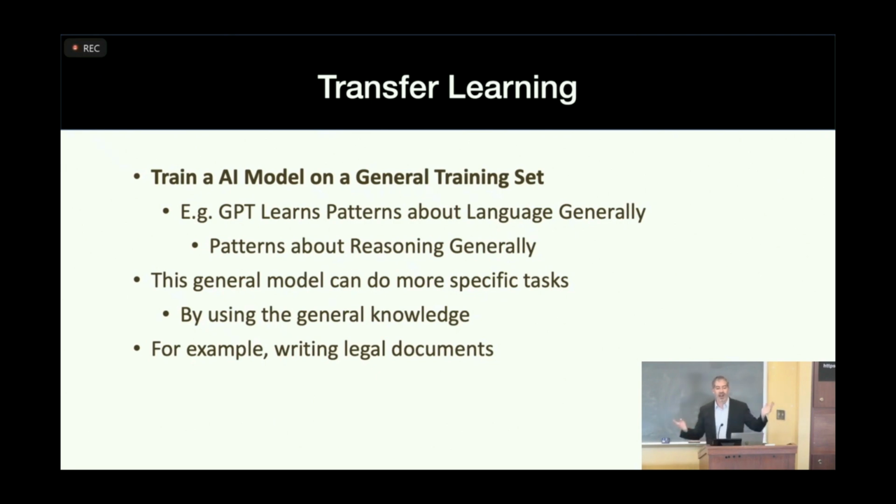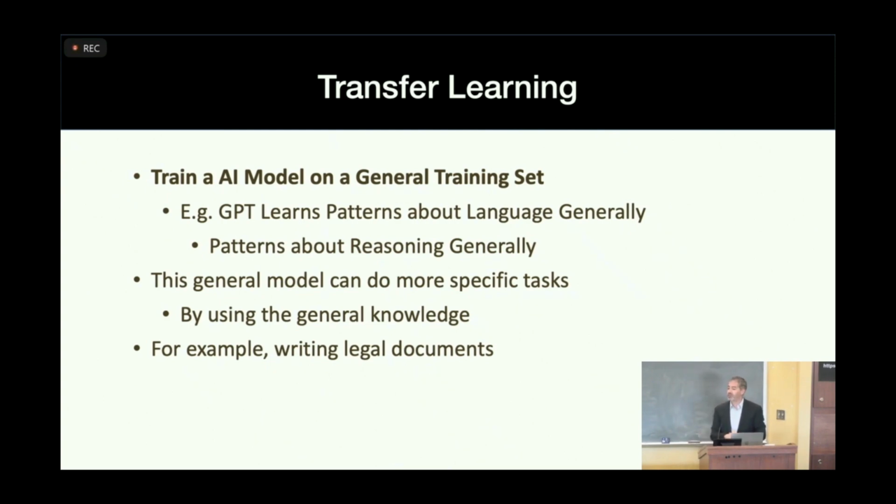Let's convert the entire human textual output, compress it in a neural network of 175 billion parameters, and just try lots of things on it. And it turned out it worked. You can take this general thing and apply it to almost any task: poetry, coding. It was kind of shocking because that had never worked.